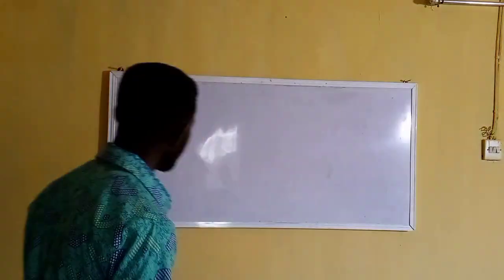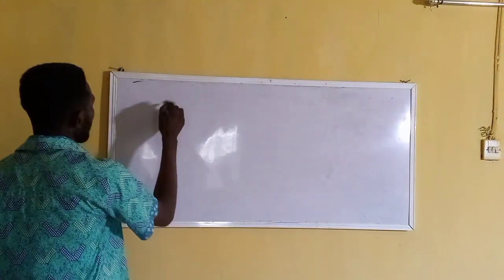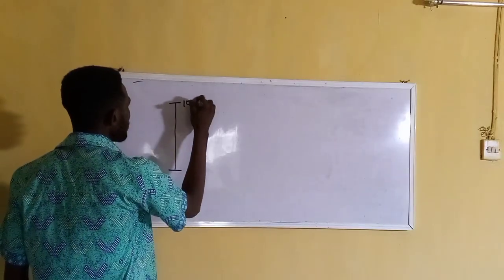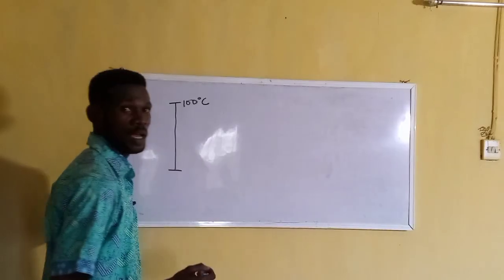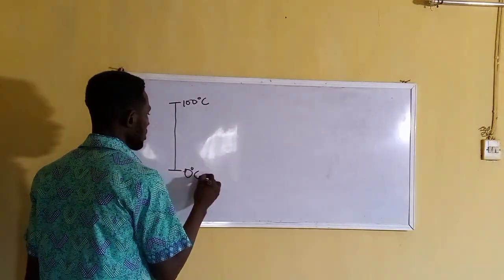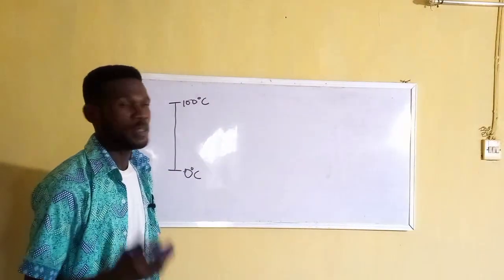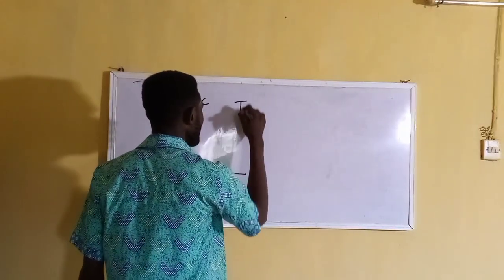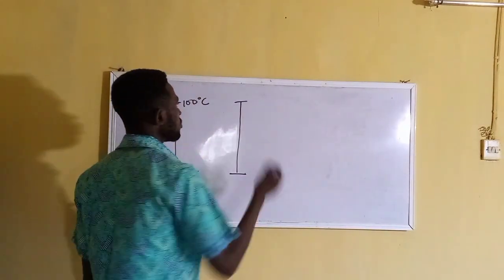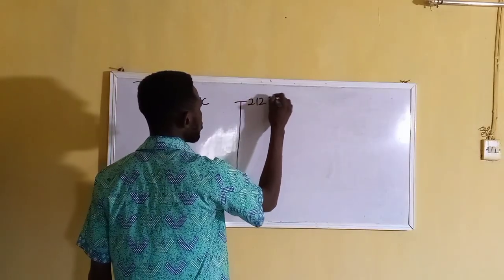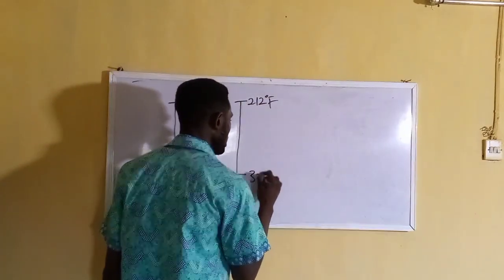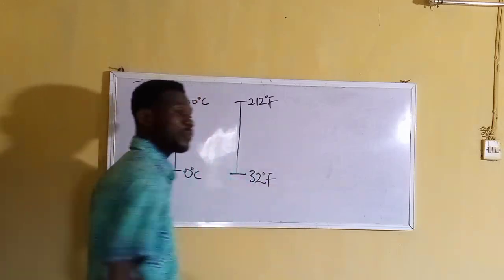When it comes to the Celsius scale, the upper fixed point is 100 degrees Celsius, and the lower fixed point is 0 degrees Celsius. The Fahrenheit scale has the upper fixed point at 212 degrees Fahrenheit, and the lower fixed point is 32 degrees Fahrenheit.